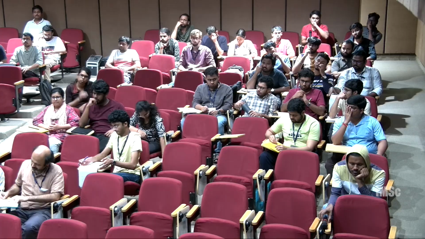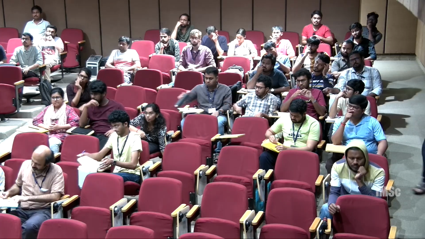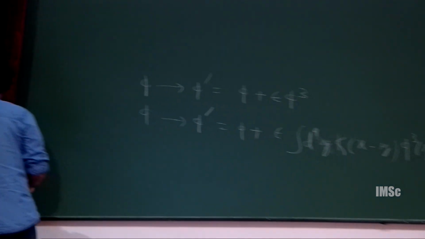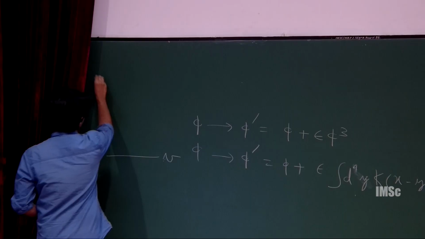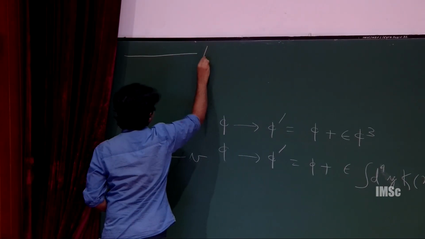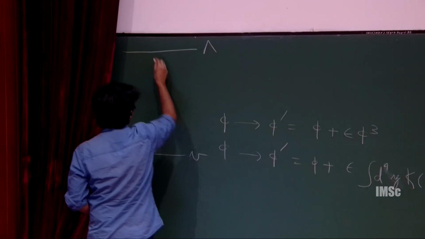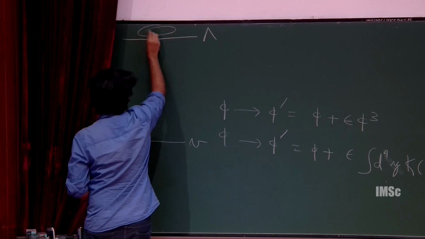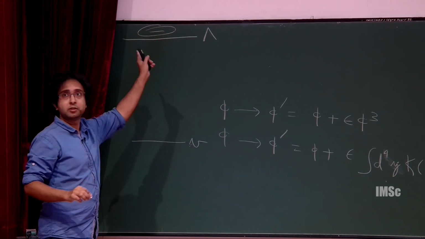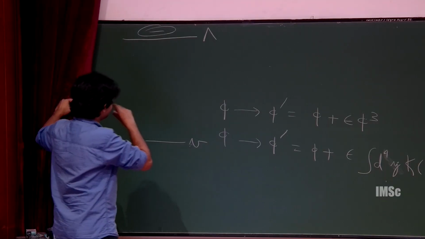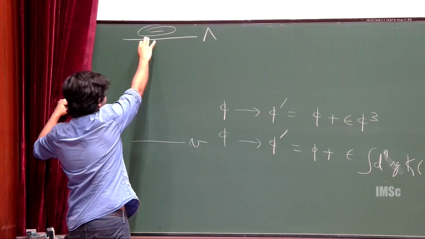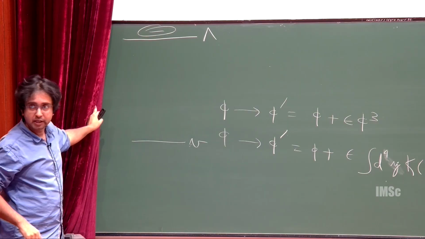So just to clarify, I have my theory here. I have my standard model below here, which is the vacuum expectation value, and this is my heavy scale lambda. All new physics lies above this cutoff scale lambda.